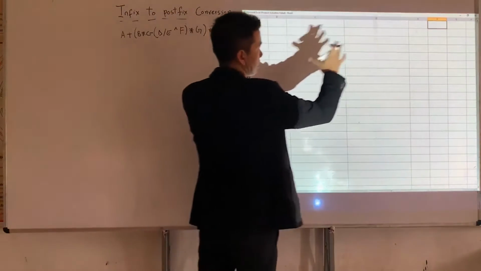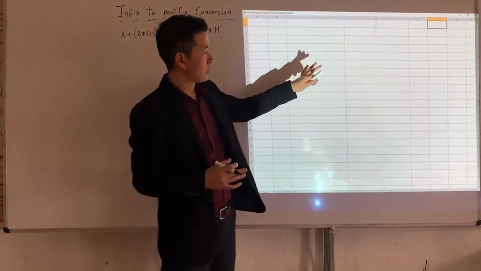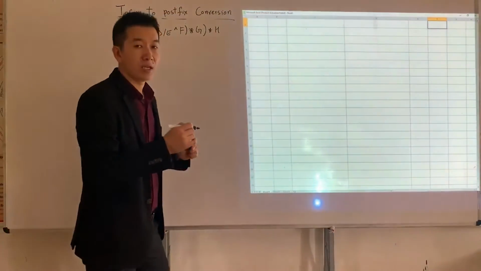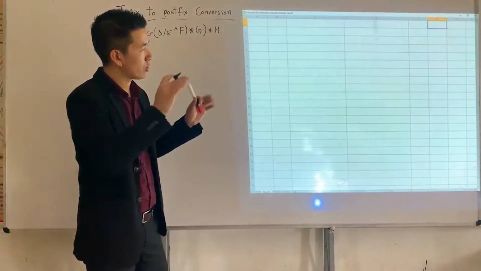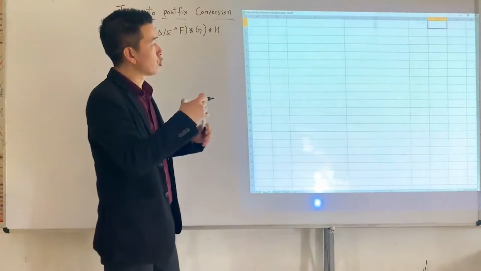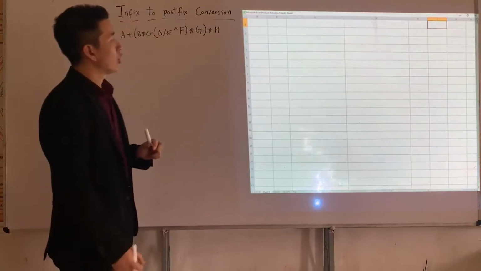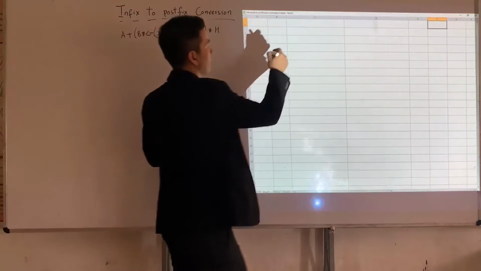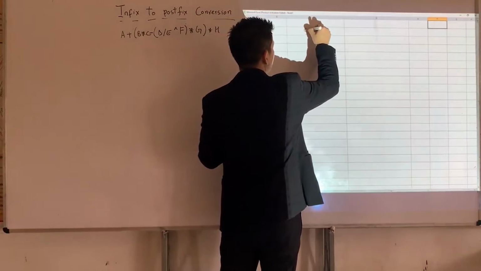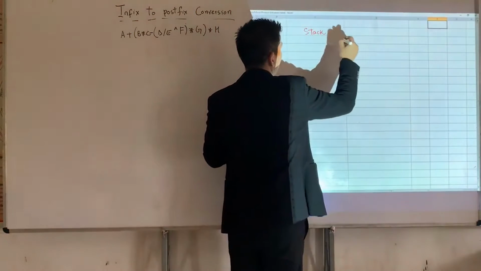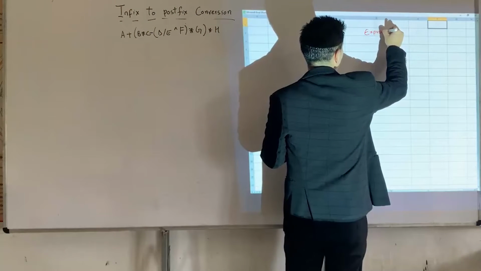I need this Excel, the spreadsheet. I need the rows and the columns, right? If I move on with the drawing with the bare hand, the drawings will not look too good. So I better take the help of the spreadsheet. Okay. So first things first, you'll have to label the column as stack, and then you have the expression.